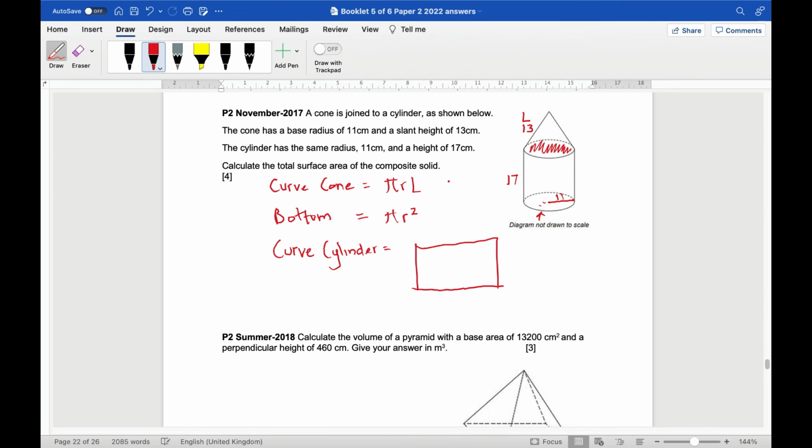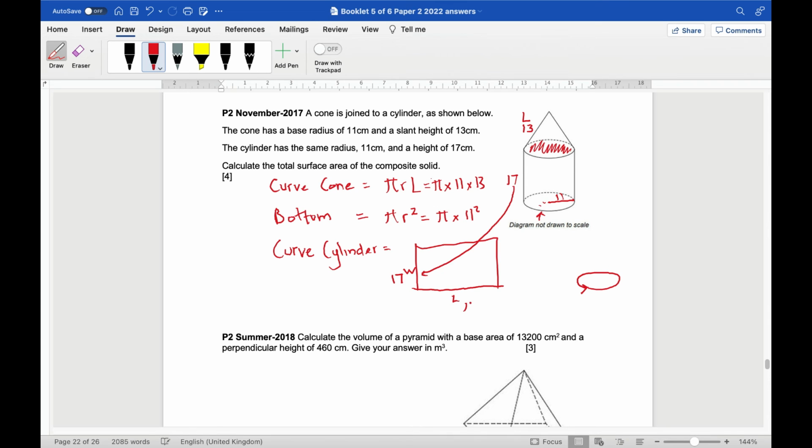So for the curve of my cone, it's pi times the radius times the slant height, you can work that out. For the bottom, it's pi times the radius squared. And for the curve of the cylinder, okay, it's length times width, because it's a rectangle curved up, where the width is 17, and the length is equal to that which is the circumference of the circle.